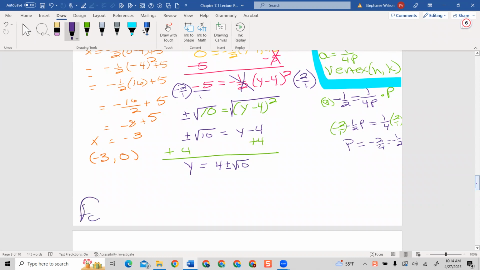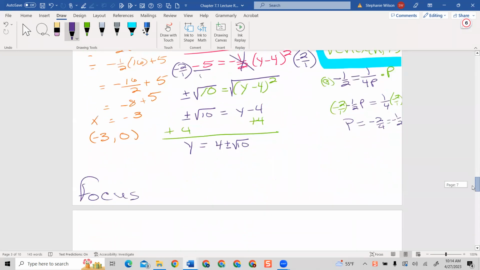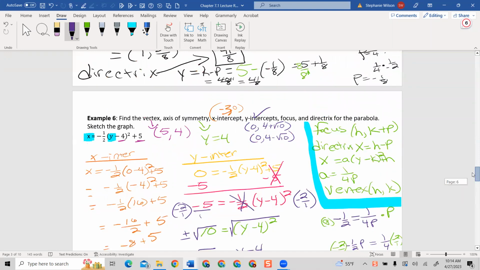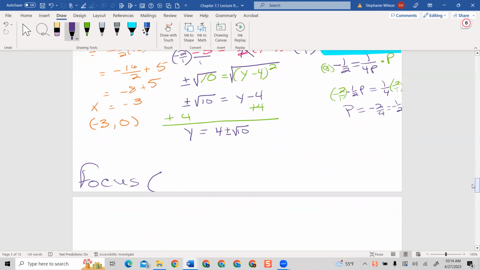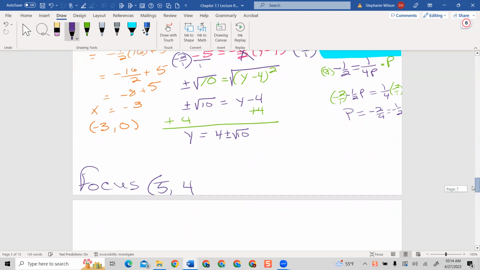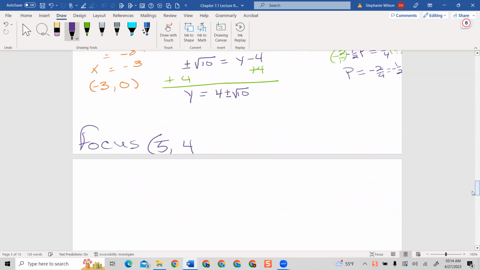So my focus, again, it's going to be, and if you need to, we can look right back up here. It's going to be H comma K. We need to figure out what the H and the K is again. So let's look back up. The H is 5 and the K is 4. And it said that we're going to have K plus P, right?